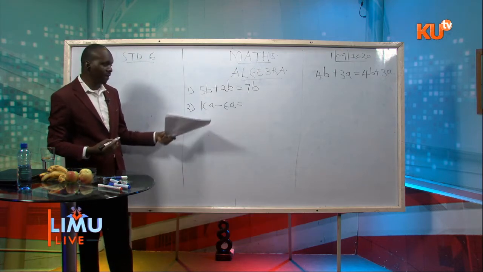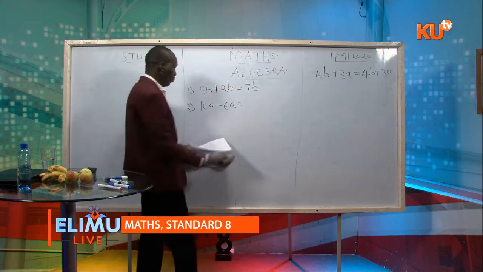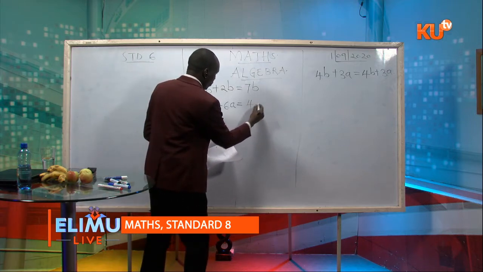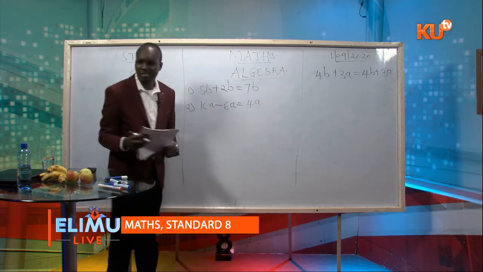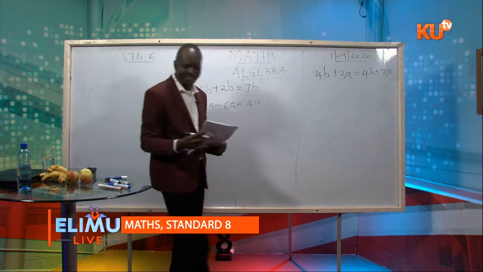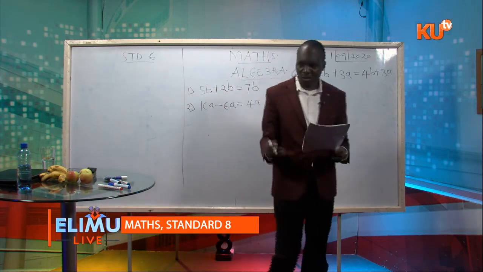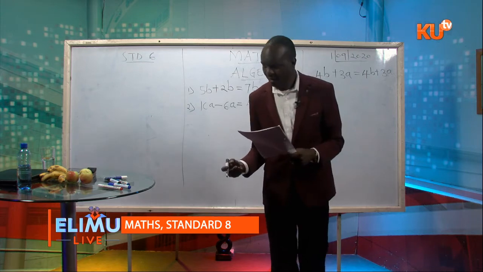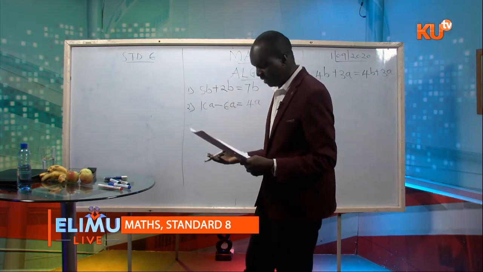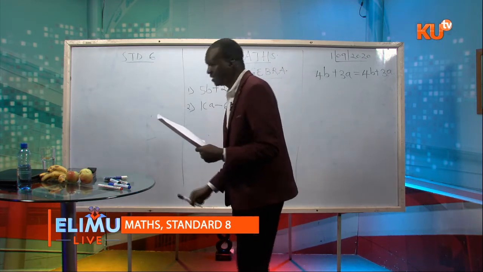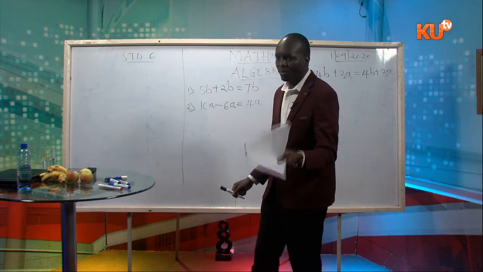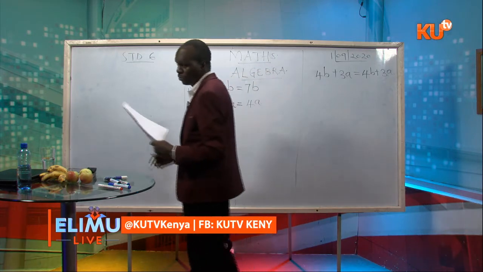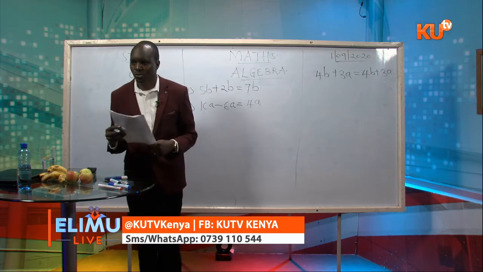That is 10a take away 6a. We shall get 4a as our answer. Is that okay? Algebraic expression is simply easier. It is that easy. You just have to collect the like terms and you add or subtract depending on what the question requires you to do.